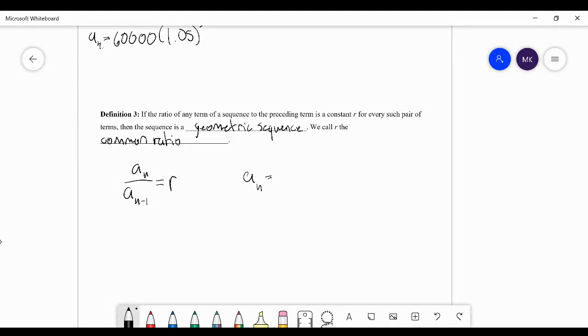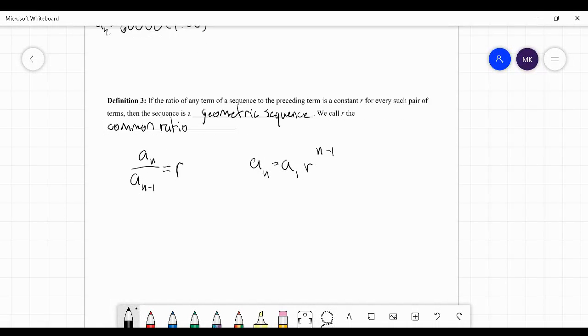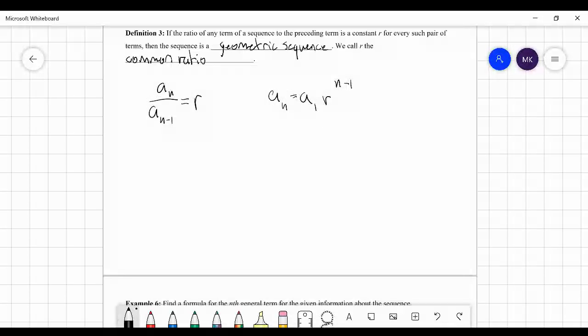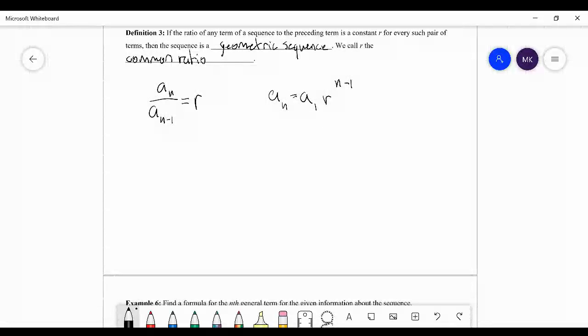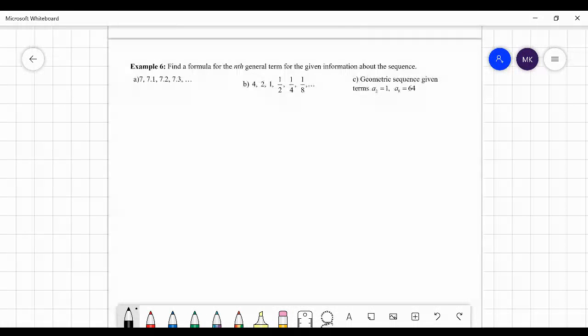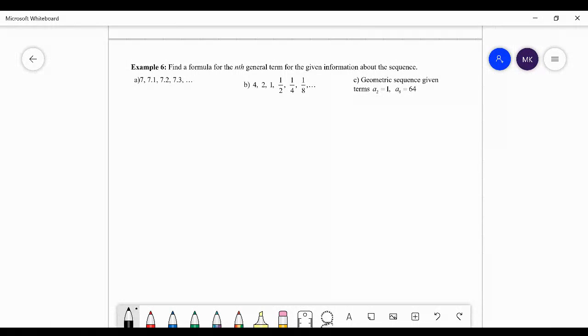A sub n is equal to a sub 1 times r to the n minus 1. And so we have a very nice, clean, simple formula for both arithmetic and geometric sequences. The trick comes down to figuring out which type of sequence we're dealing with, and from there just finding either d or r and going from there.